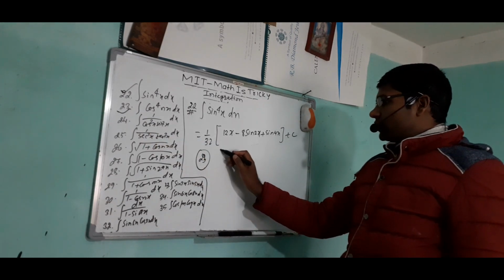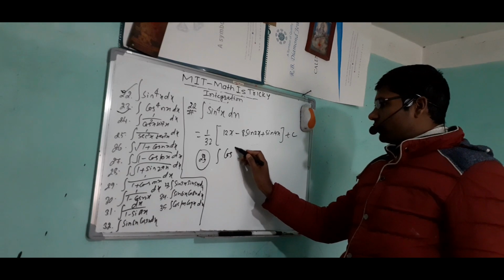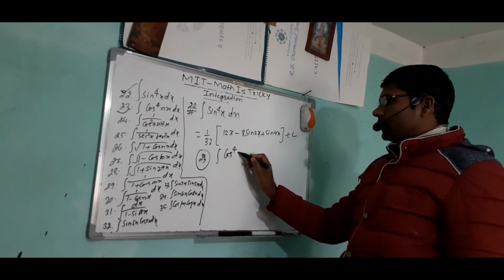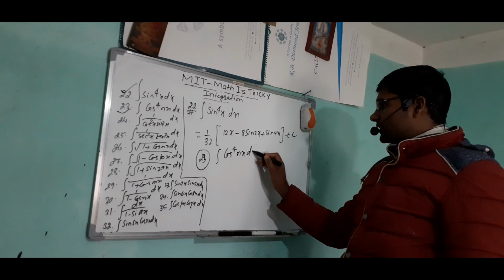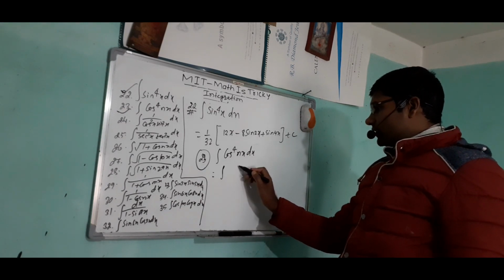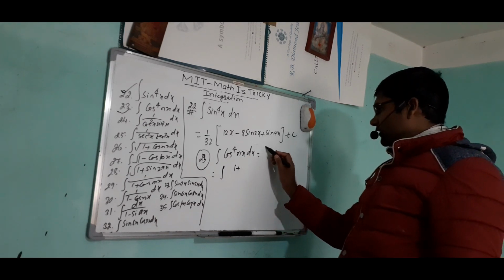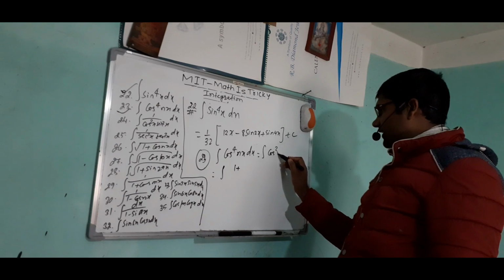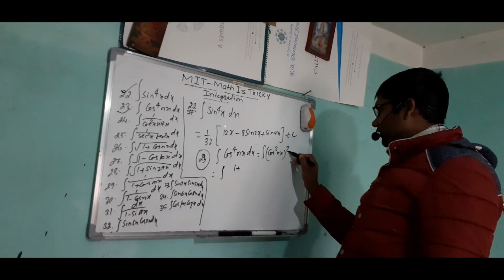Another question. Similarly we can solve this: integration of cos⁴ nx dx. Cos⁴ means we can write this as (cos² nx) whole square dx.